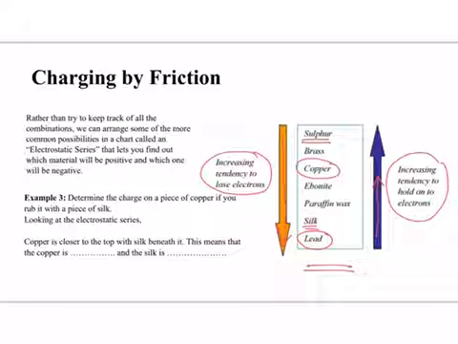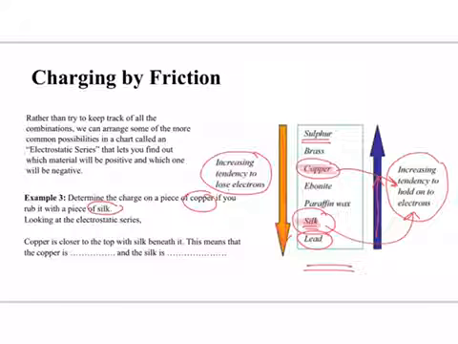Now let's do an example depending on the electrostatic series. Determine the charge on a piece of copper if you rub it with a piece of silk, looking at the electrostatic series. When I look at the copper and the silk, I can see that the silk has less tendency to hold on to electrons, and the copper has more tendency to hold on to electrons.